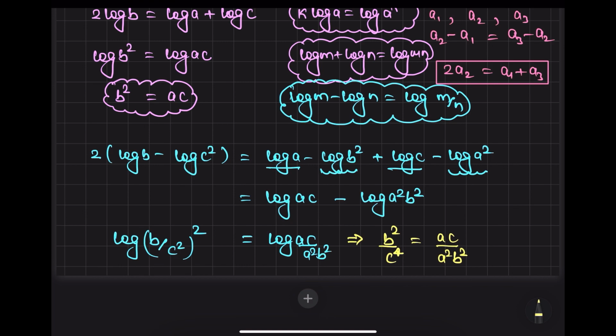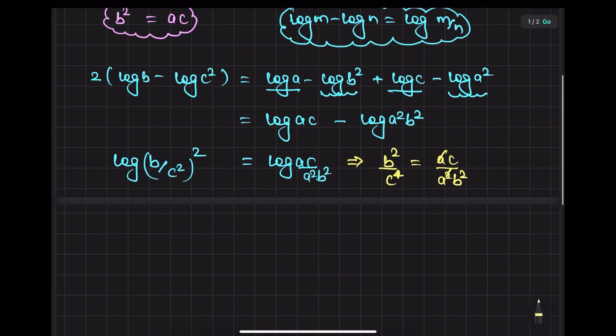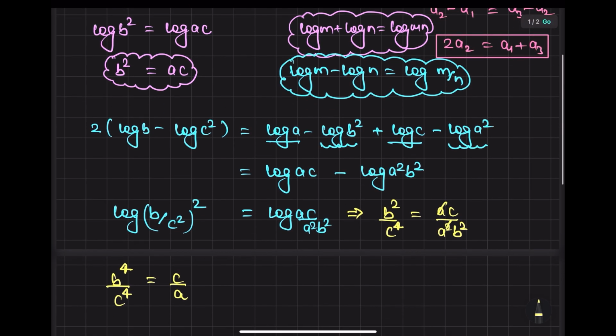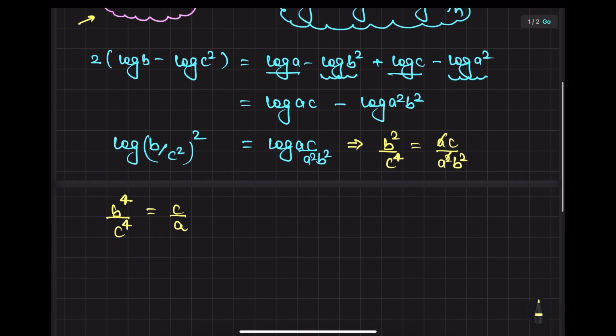Now can I send this B square to that side, and A will be removed? So we will be having B power 4 by C power 4 equals C by A. Now we know that B square is AC.